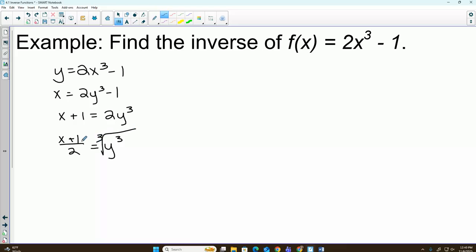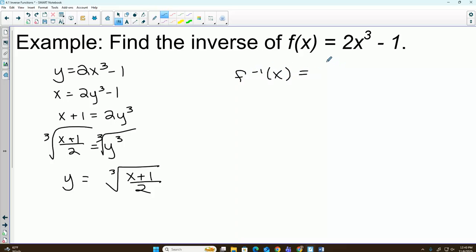Do you need plus or minus with that? Do we? No. You add plus or minus if it's an even root, so if you have a square root or a fourth root, you have to. For an odd root, you don't. So our inverse, f inverse of x, is the cube root of x plus 1 over 2.